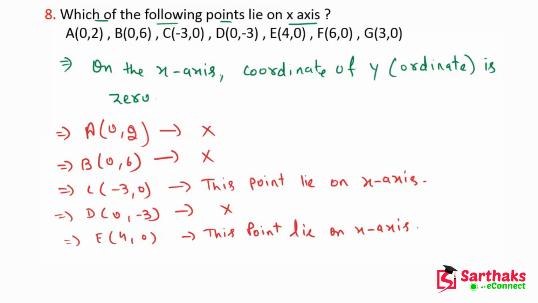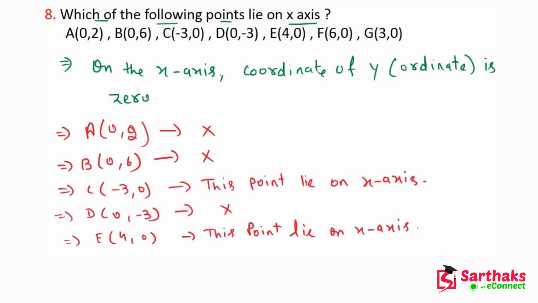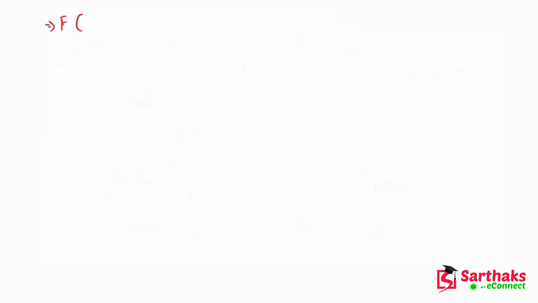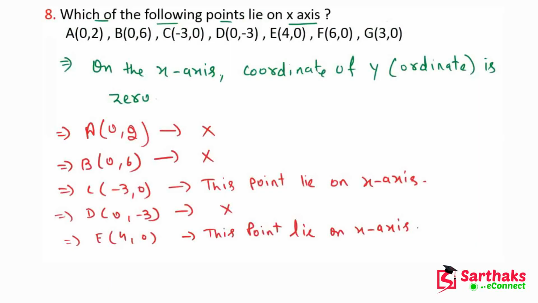Now if you talk about point F, the coordinates of F are 6, 0. So again this point lies on the x-axis, because in this case the y coordinate is 0.